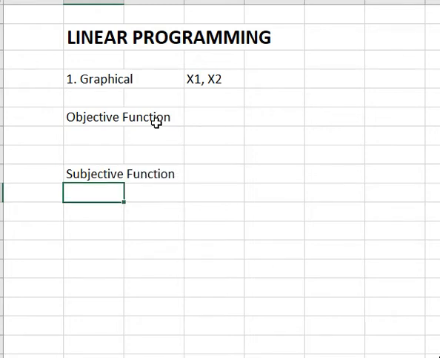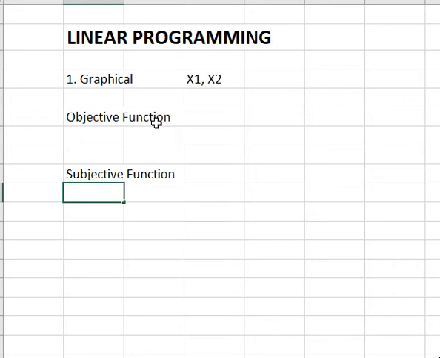You could not start computing by not having these two functions. Sabi nga nila, if you already found the objective function and the subjective function, you are already done. Tapos ka na, siguro mga 70% ng problem, tapos ka na. Kasi it's far more difficult to find the objective function and the subjective function.